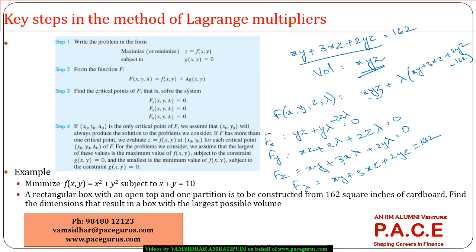If I solve these four expressions, that is when I'm getting my values of x, y, z, and the value of lambda, and that is what will simplify my process. xy, 3xz, and 2yz.